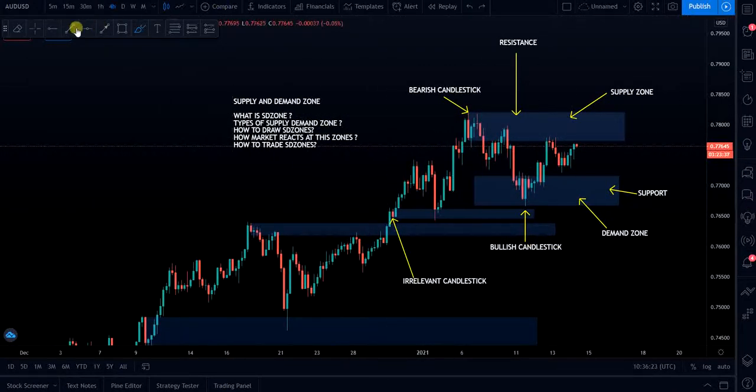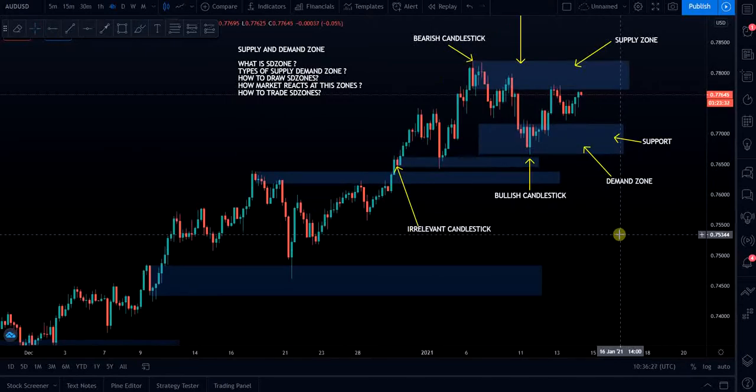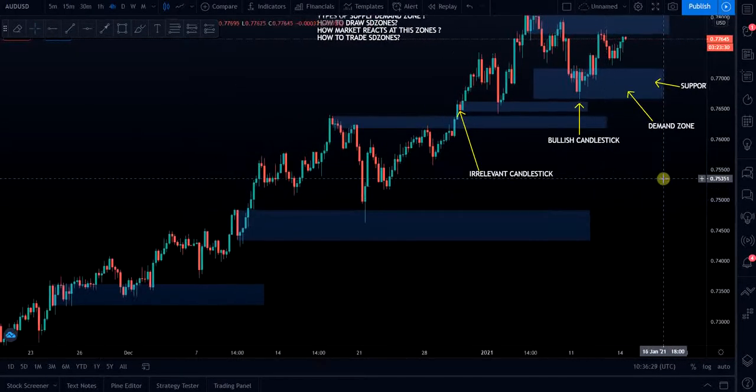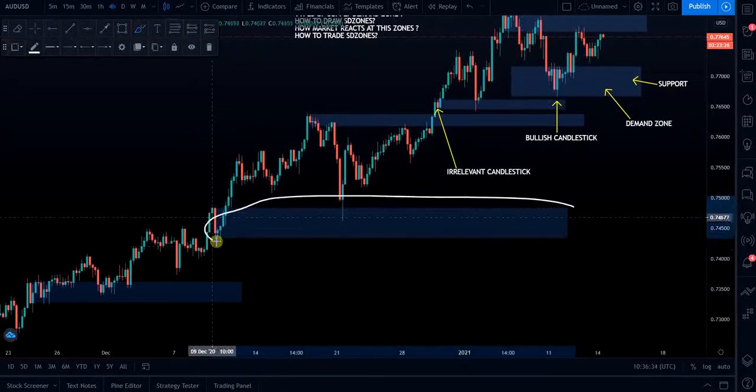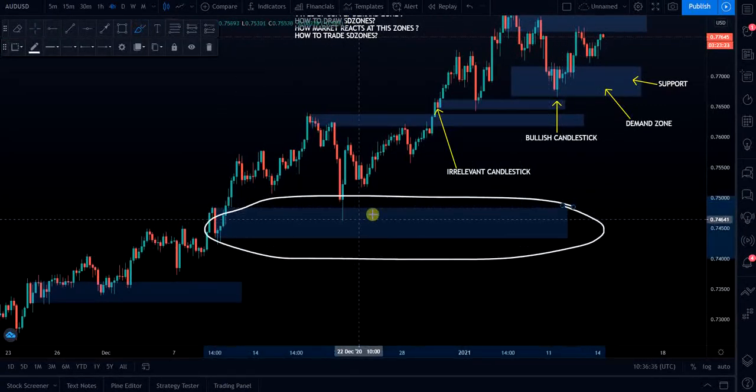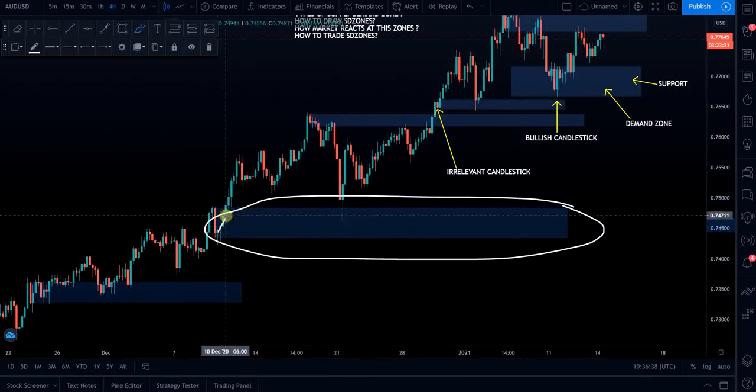Let's see how these supply demand zones reacted before. We can see that this is a supply demand zone that is acting as a support. This got broken with the help of an irrelevant candle.